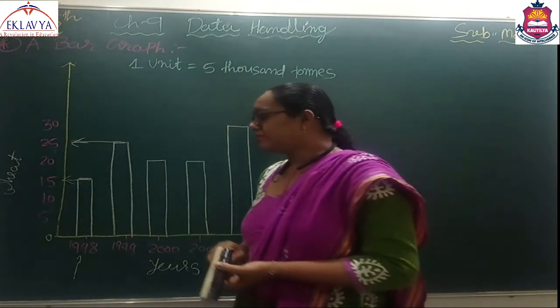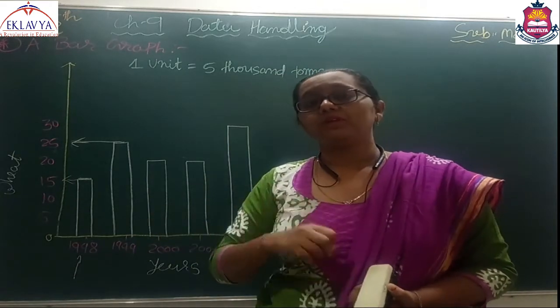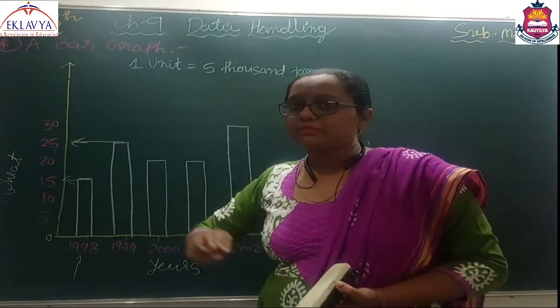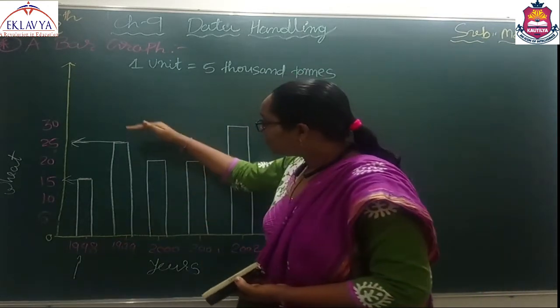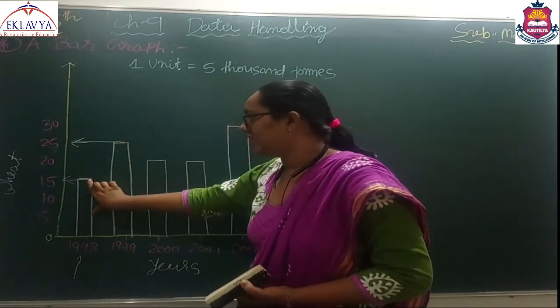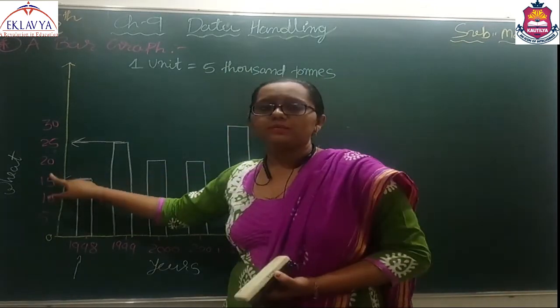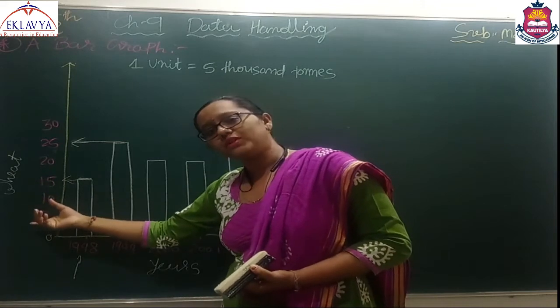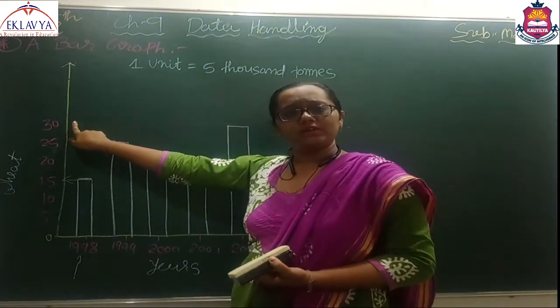Clear? Generally this type of questions will be there, minimum and maximum. Minimum purchase or maximum purchase. So minimum will be, सबसे जो छोटा है वो देखना है, and the bigger one. So the smallest is 50. मतलब minimum will be 50,000 tons, maximum will be 30.